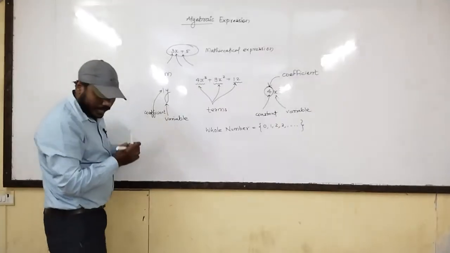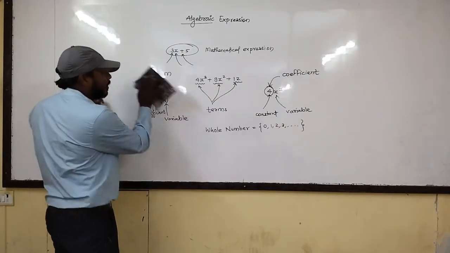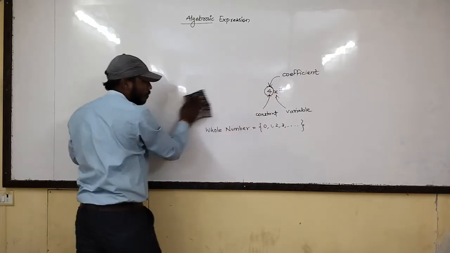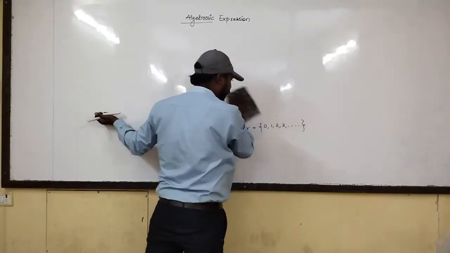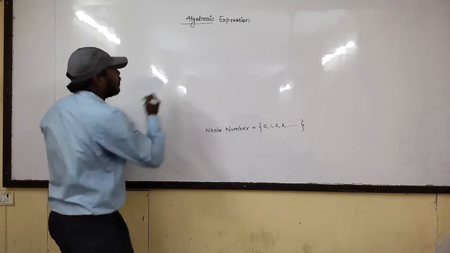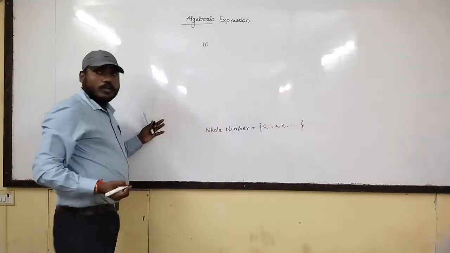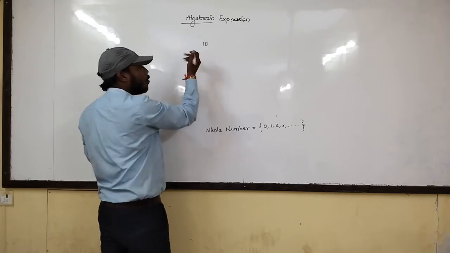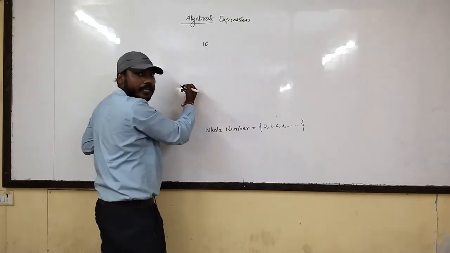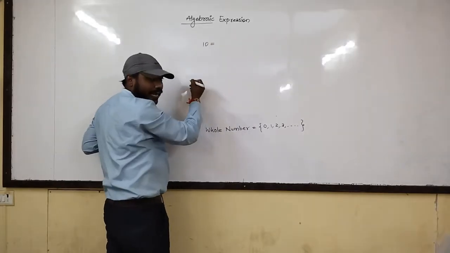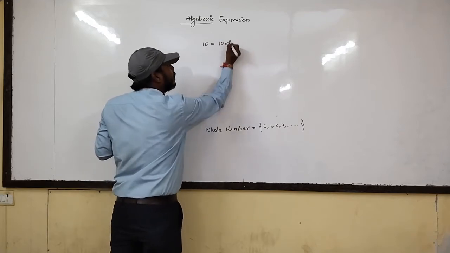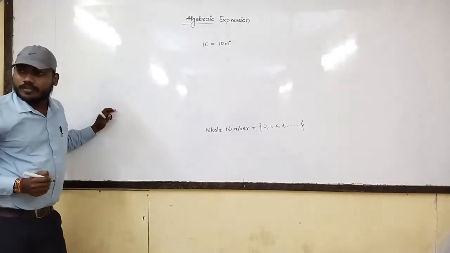Try to understand. Let's say I'm writing 10 or 12, any number. Is there any variable? No. But we can say this represents an expression with some variable. If nothing is present with it, I can write 10 with the variable m and the power of that variable is 0.